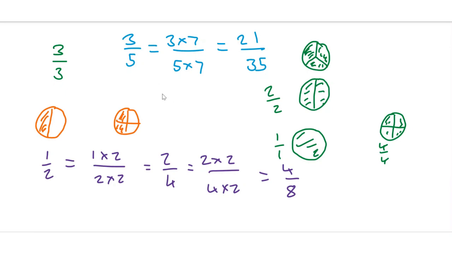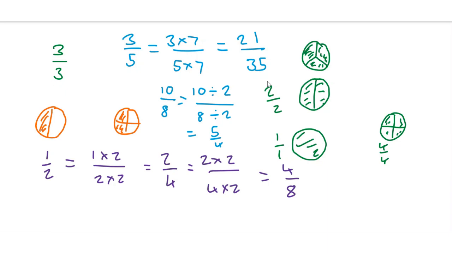So if you have 10 over 8, that's equal to 10 divided by 2 over 8 divided by 2, and that's equal to 5 over 4. Okay, so that's a quick guide to equivalent fractions.